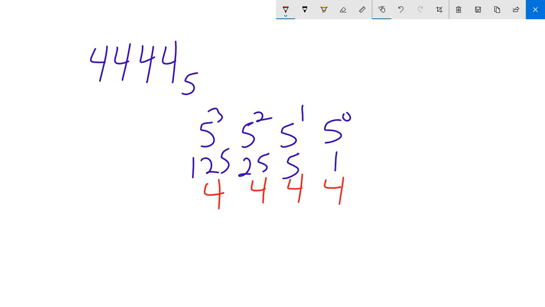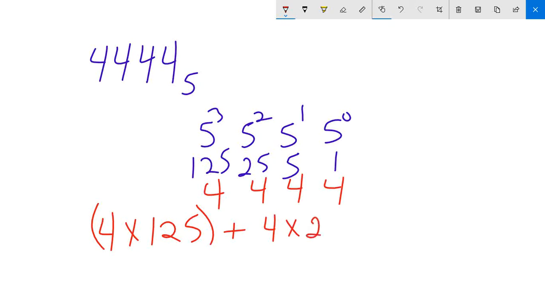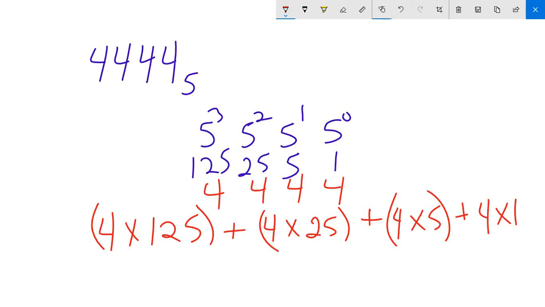What this means is I have 4 times 5 to the third, or 125, plus 4 times 25. Like if this was a 3 here, I would put 3 times 25. Or if it was a 2, I would put 2 times 25, and so forth. If it was a 0, I would not include it at all. So the next one is 4 times 5, and then plus 4 times 1.